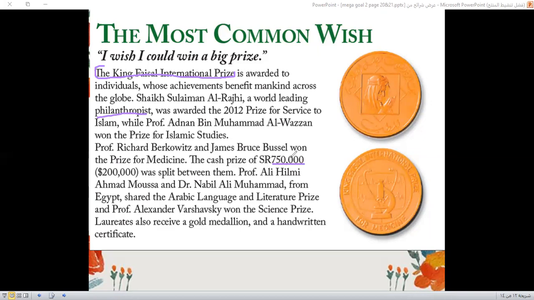So it doesn't have to be only one. Sometimes it could be 2, or sometimes 3. It's a very international, very well-known prize, by the way. Not only here, it's international, so anyone can get it, whether they are Muslims or not. Also, Sulaiman Al-Rajhi is a world-leading philanthropist.